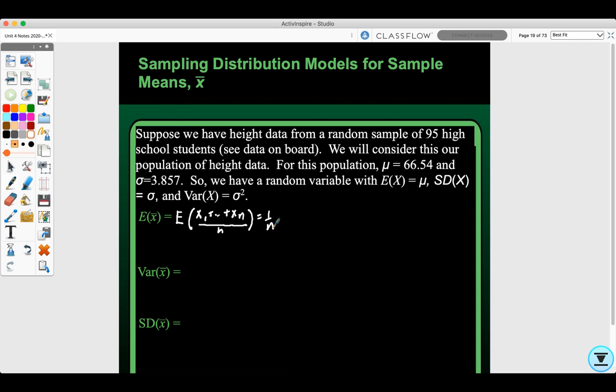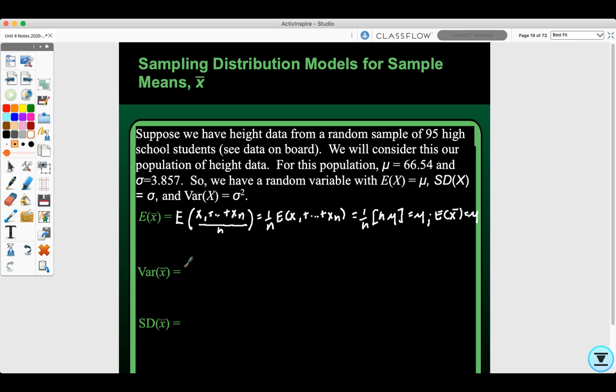Then we can factor out the 1 over n, times the expected value of x1 plus dot dot dot all the way to xn. And we know that our expected value of x is equal to mu. So this would be 1 over n times n mu. Our n's cancel out, and this would be mu. Therefore, our expected value of x bar equals mu.